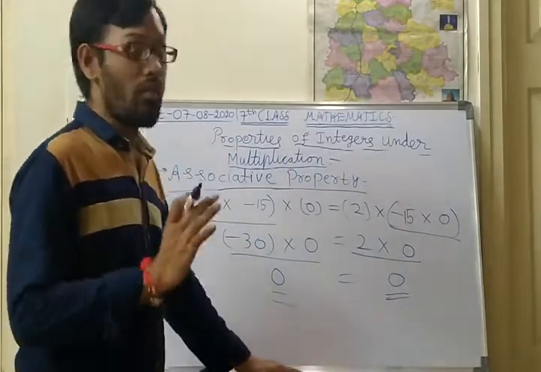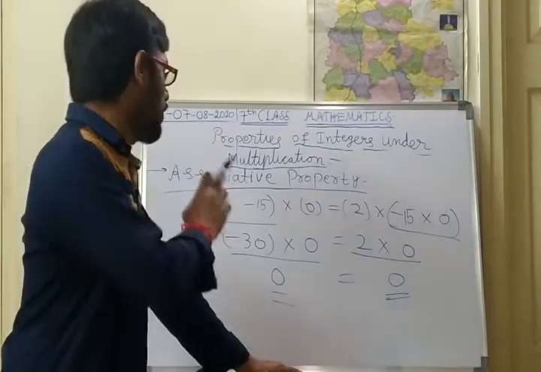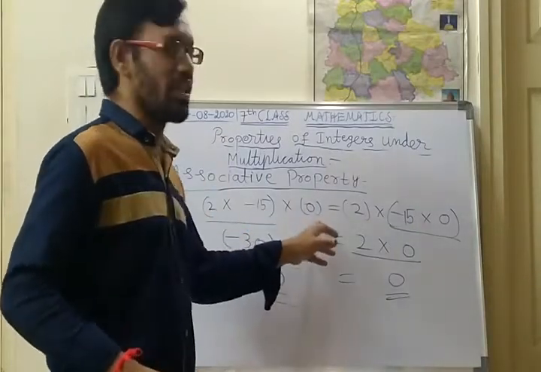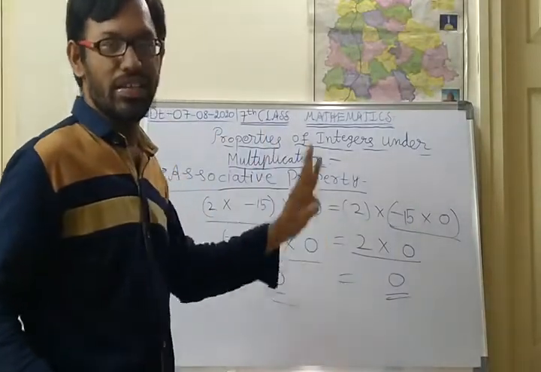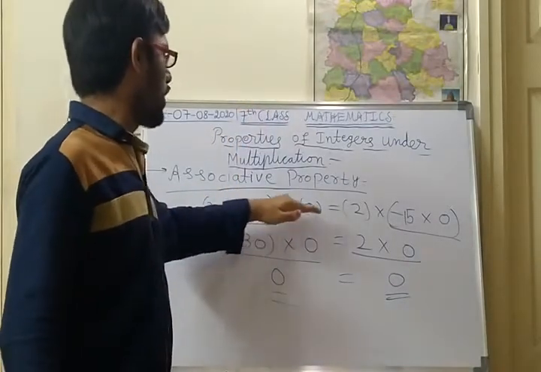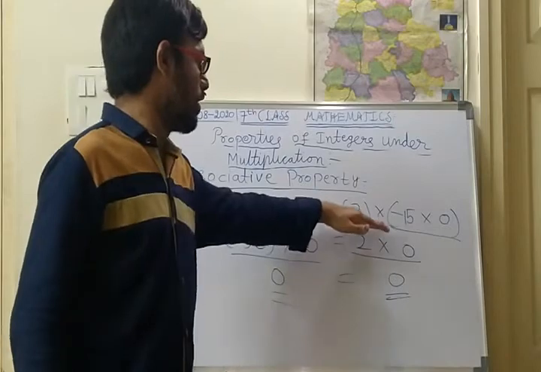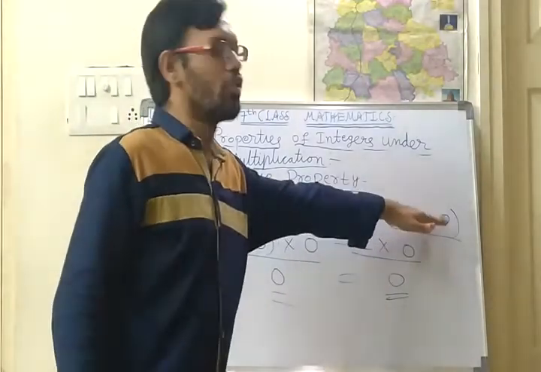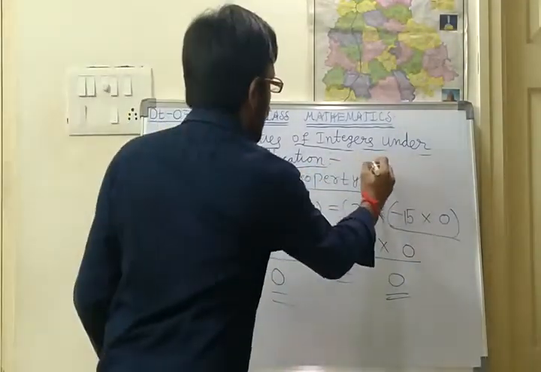Finally, what we can say is, if A, B and C are any three integers, then (A into B) into C is equal to A into (B into C).